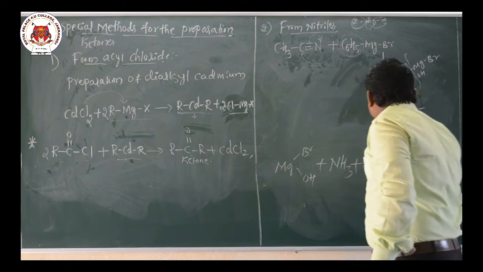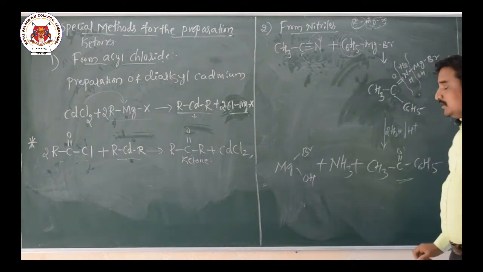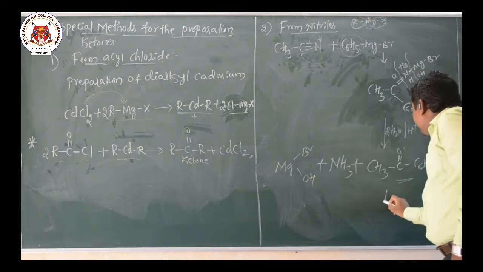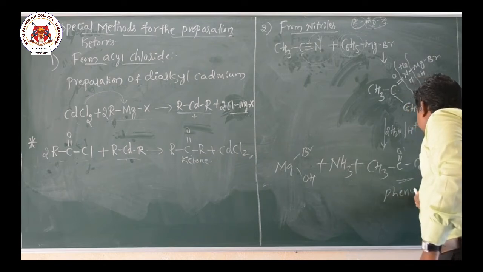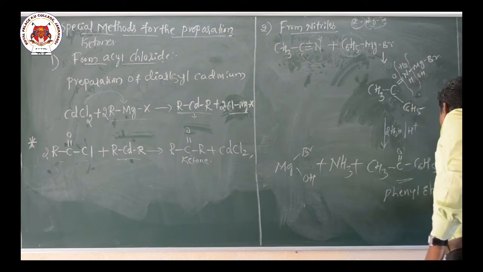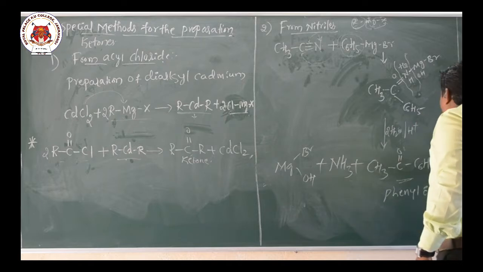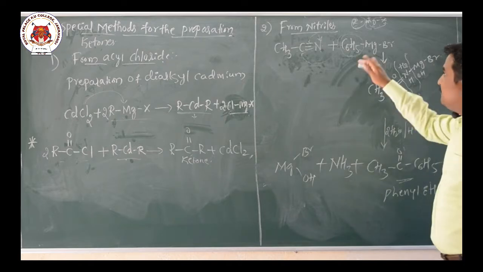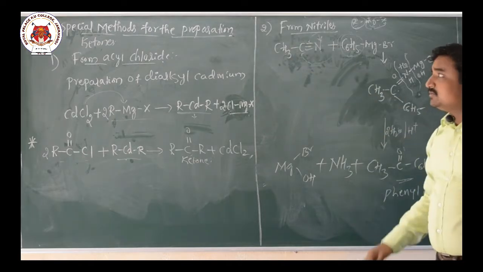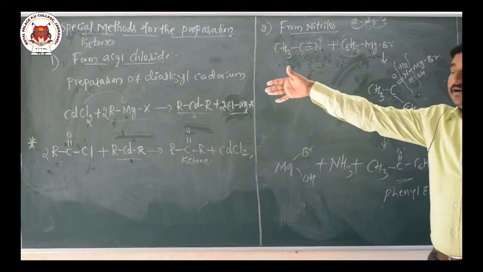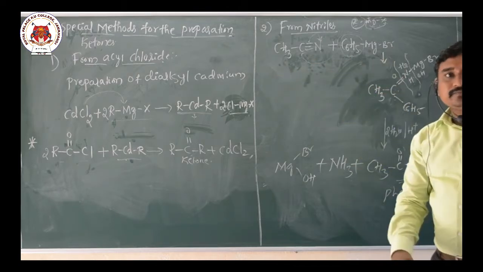So here there is a formation of a ketone. The name of the product is phenyl ethanone. So this is a method of the preparation of ketones, from acyl chloride and from nitriles.